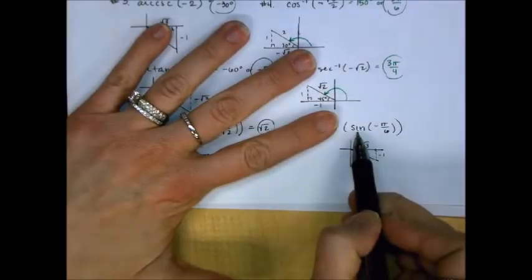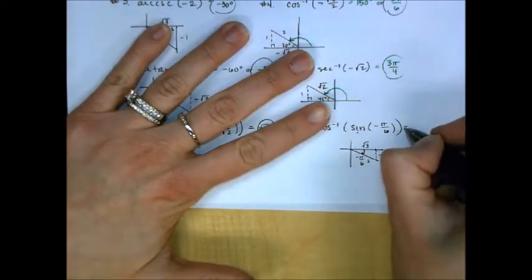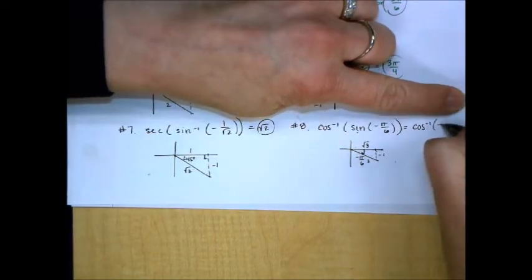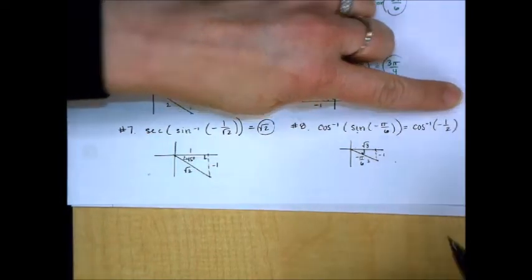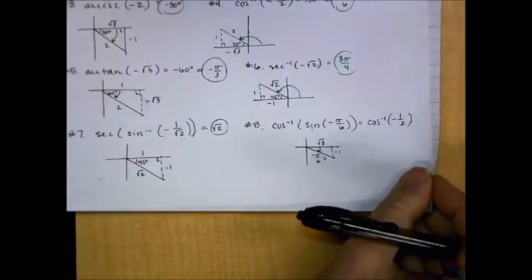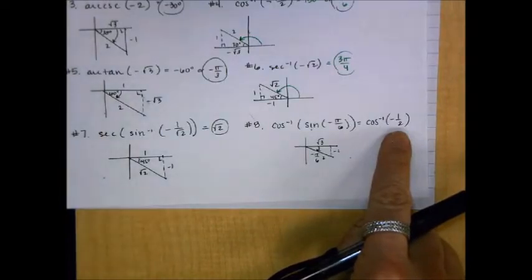So this becomes inverse cosine of -1 over 2. So now it becomes an inverse trig function problem. Inverse cosine of a negative means you're working in quadrant 2. So we're going to draw a new picture here. Quadrant 2.